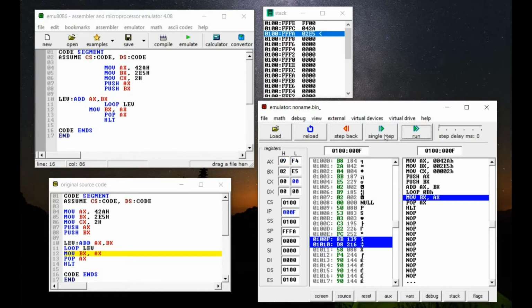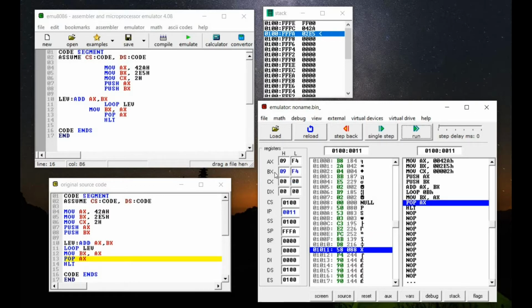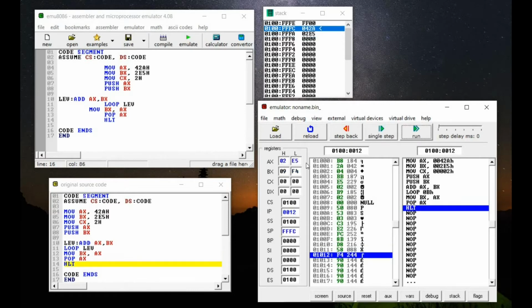And then we move BX, AX here. And then we pop AX. We take from the stack 02E5. And then here. That's all for question 1.